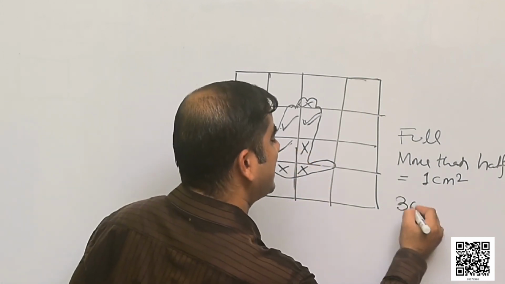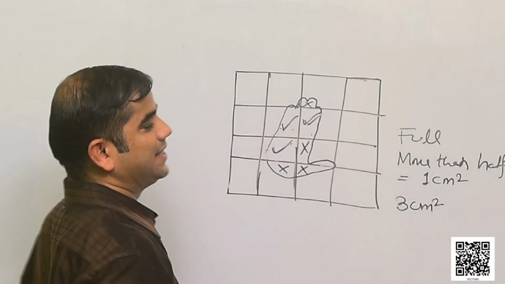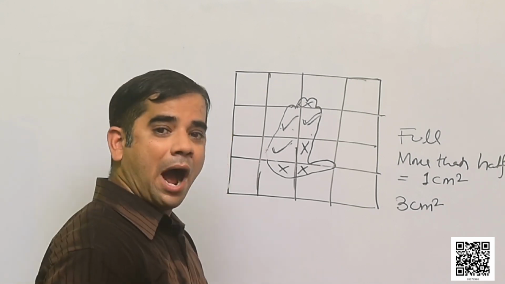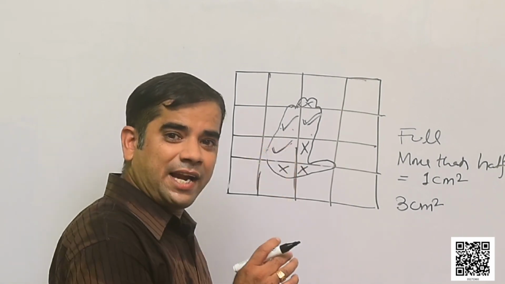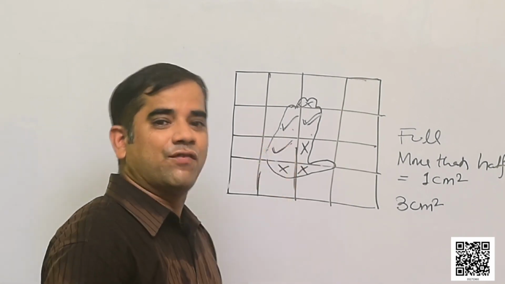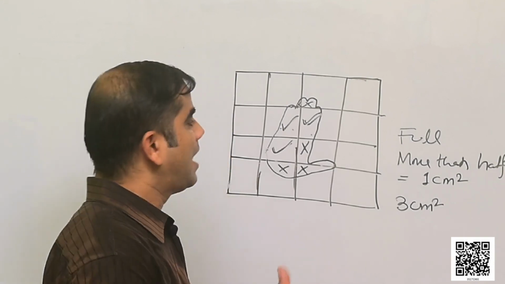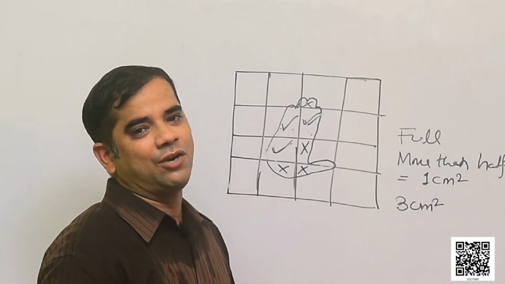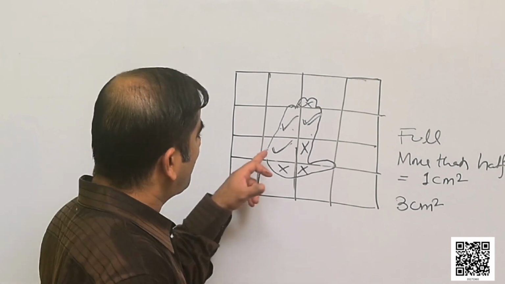It is 3 centimeter square. 1, 2, 3. 3 centimeter square. You can also put your palm on the diagram given, draw your boundary and count the squares. Take all the squares that are full or more than half as area 1 centimeter square, and you can find out the area occupied by your palm.